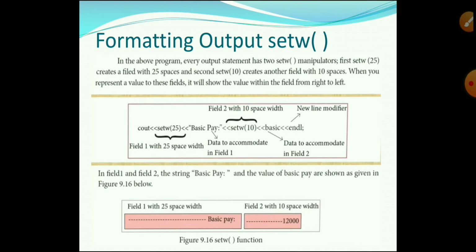After those 25 characters of space, the text basic pay will come. After basic pay we give set W 10, and after that the result, the basic value, will be entered, data accommodated in field 2. Next, endl means it goes to a new line, that is the new line manipulator. This is the exact example of set W, set width.